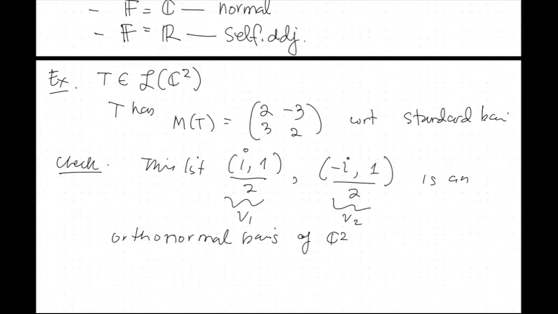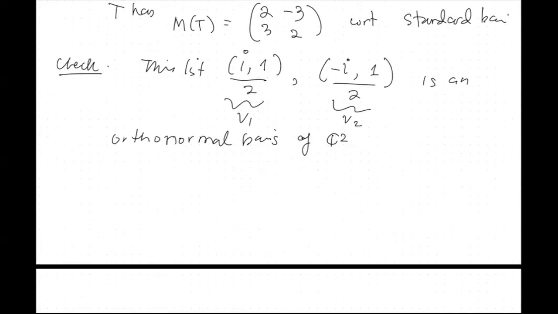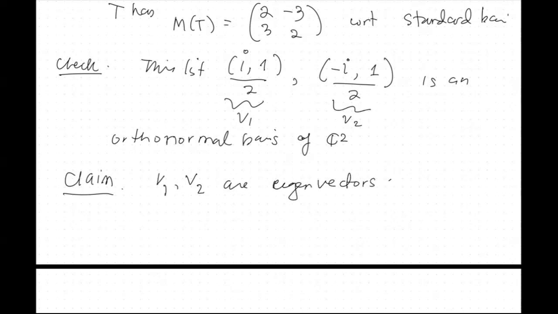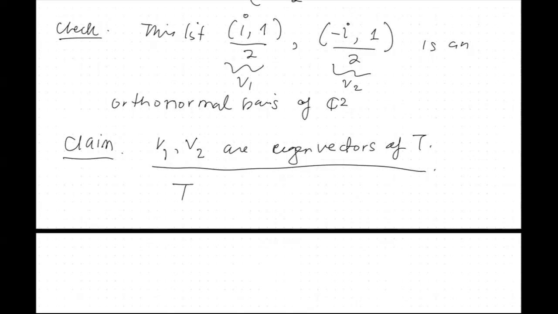And then our claim here is that V1 and V2 are eigenvectors of T. You can verify this, that is, T Vi is equal to lambda i Vi.